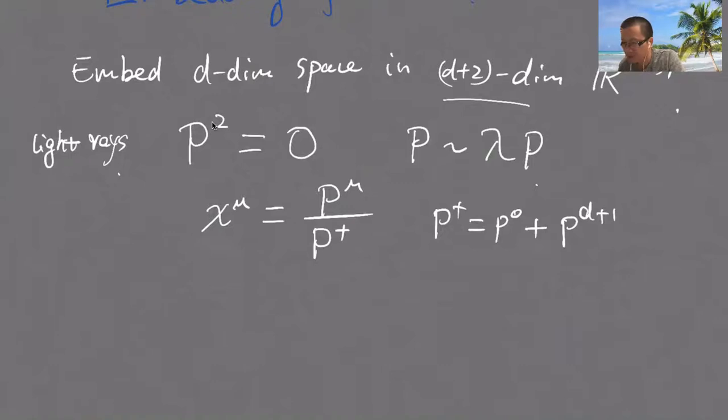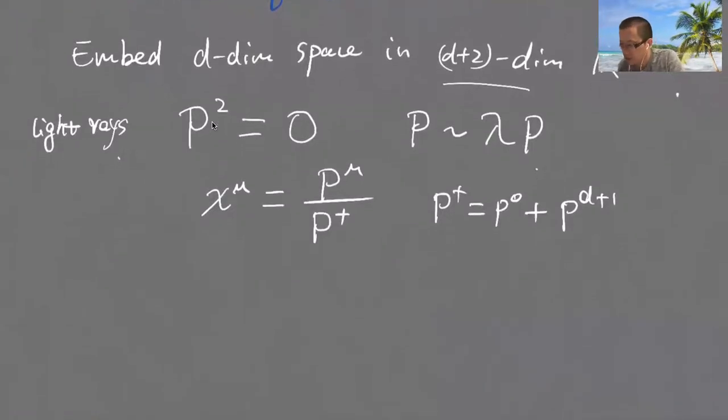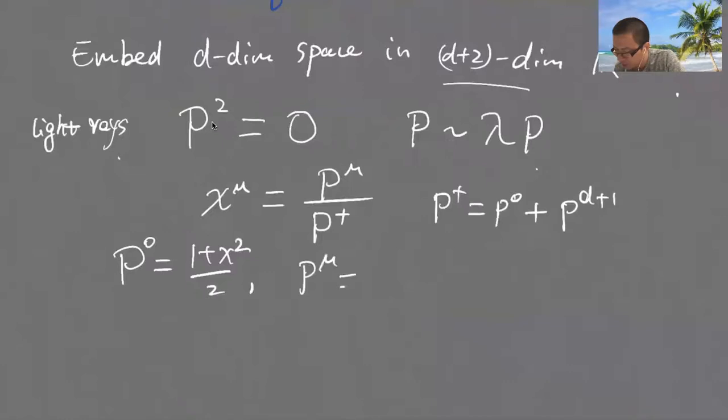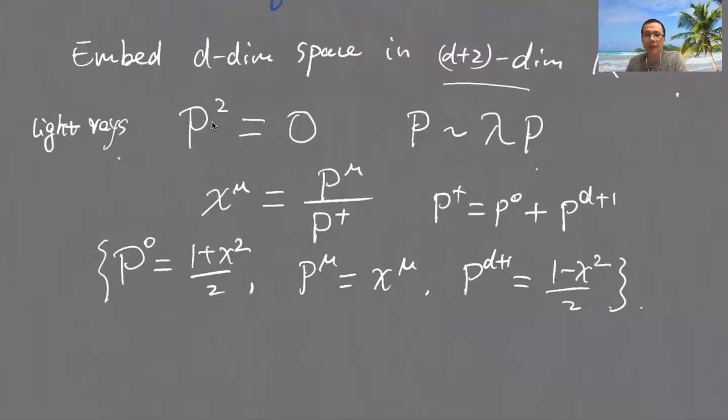It's invariant under this quotient. So a natural parameterization is that P takes the following form. P^0 equals, say, (1 + x²)/2, P^μ is equal to x^μ, and P^(D+1) then is (1 − x²)/2. So it is easy to see this obeys the light cone condition.